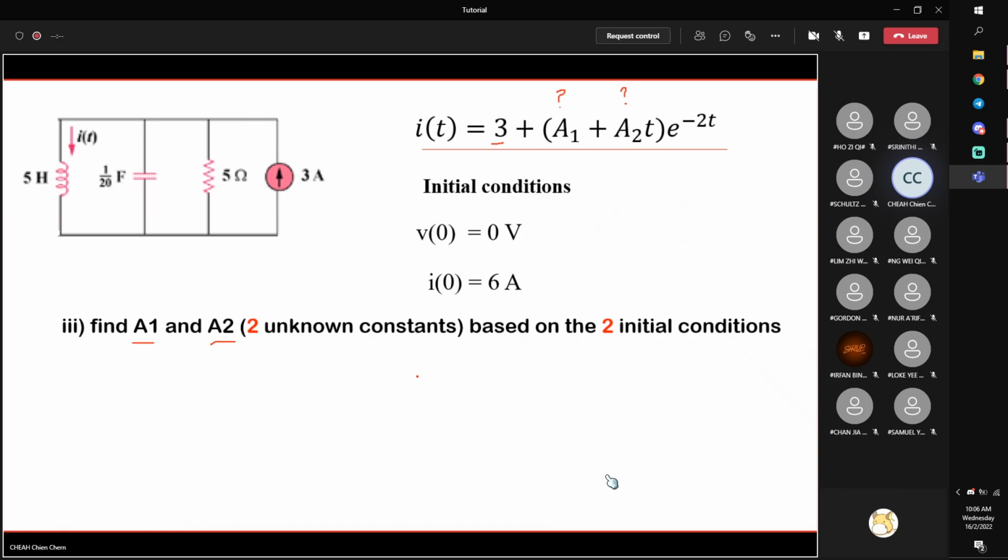So basically, you need two equations. If you know the value of the current at any time, you can write down one equation for one value. Okay, let's look at it. We know the current at t equal to 0 is equal to 6, so we can write down one equation.